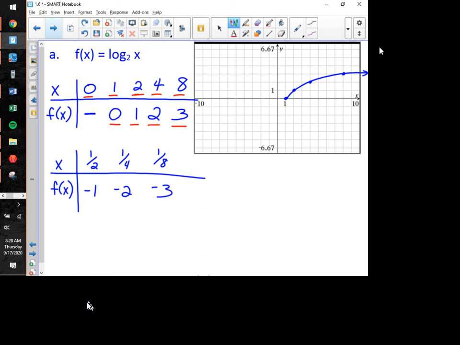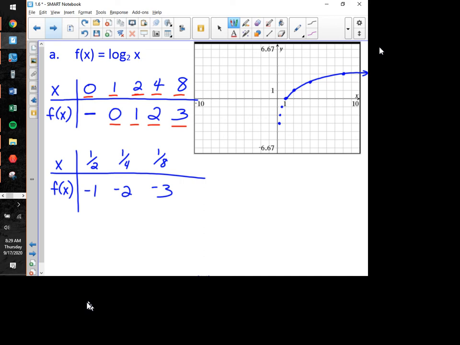So when we try to plot these, 1/2, negative 1, 1/4, negative 2, 1/8, and negative 3, it sure looks like those dots are getting closer and closer to the y-axis as we move from right to left. But it doesn't look like we're ever going to hit it.